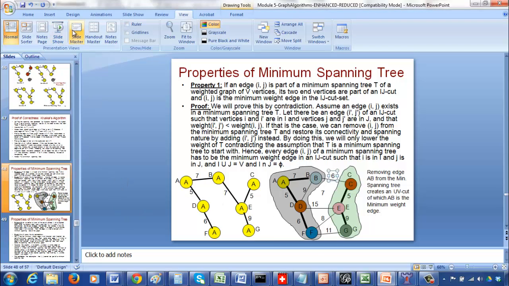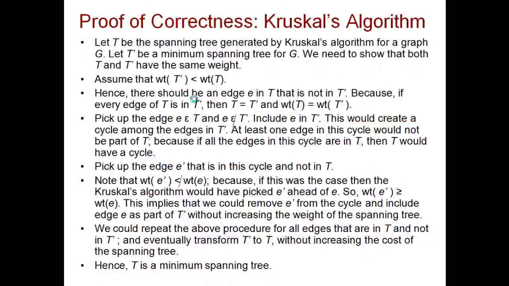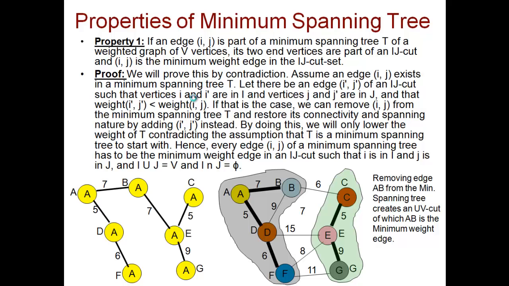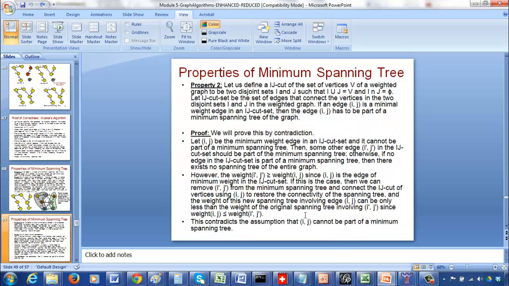Which means the original tree is not a minimal spanning tree. That's a contradiction, right? So every edge in a minimal spanning tree should be the minimum weight edge of a cut of its two end vertices, like this.